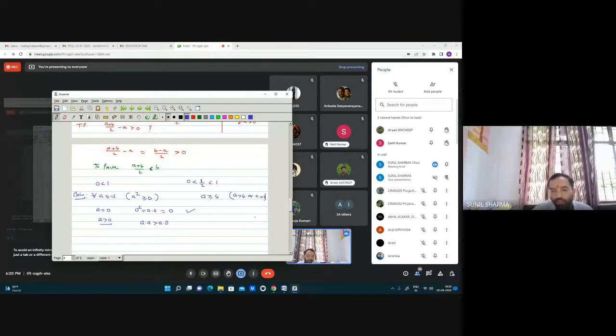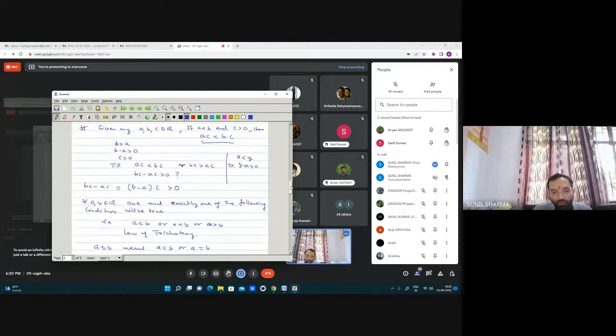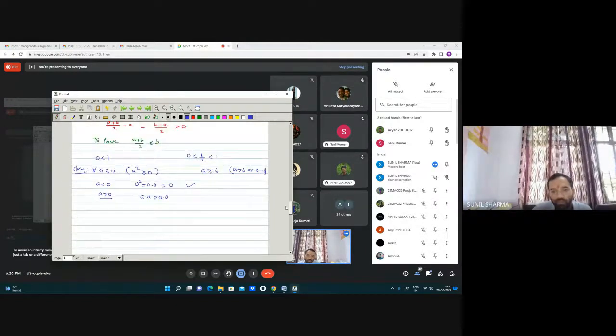So we have already discussed that if A is less than B and C is any positive real number, then A into C is less than B into C. And we have already proved it. So A into A is greater than A into 0. So that is A square is greater than 0. So this case is true.